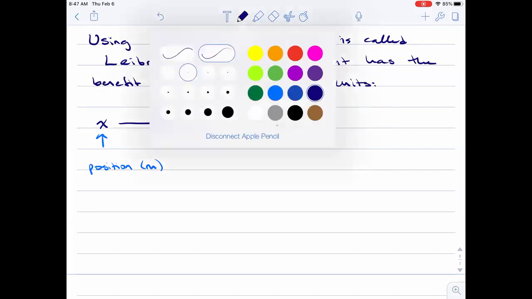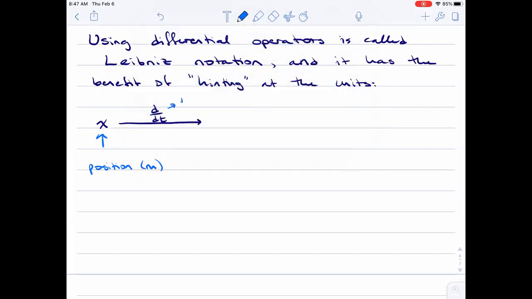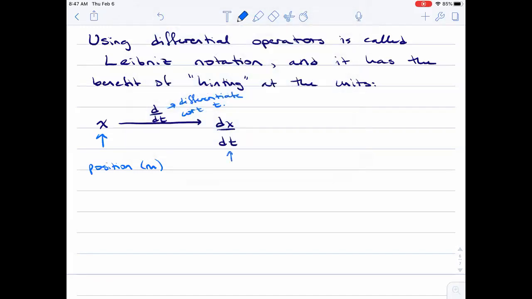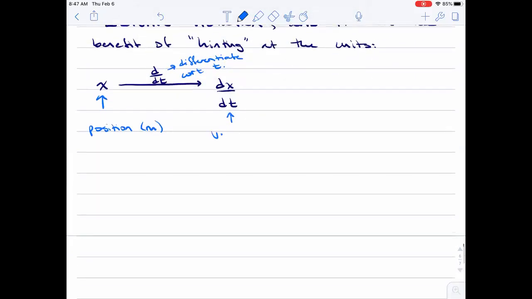So d dt is saying differentiate with respect to t. WRT is with respect to. So then we end up at dx dt. That's the first derivative, which is going to be the velocity of this thing, which is going to be in meters per second.